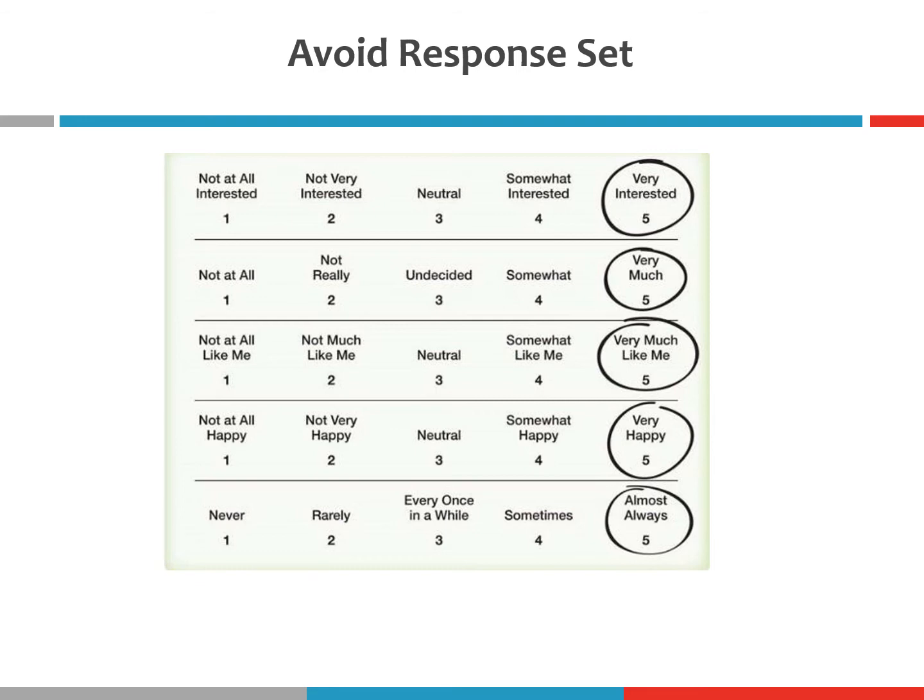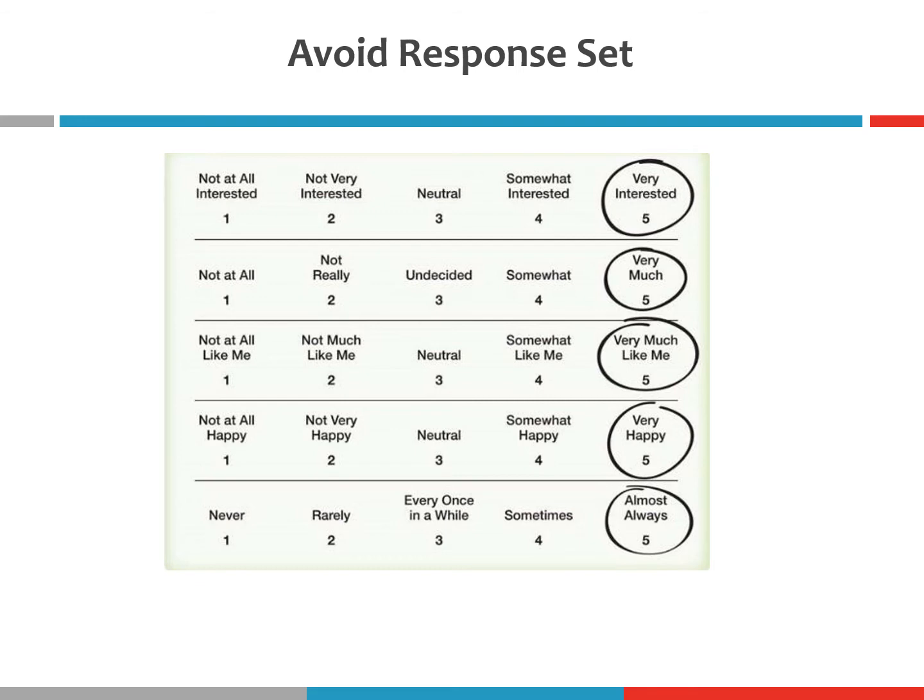So if all of your questions are phrased that way, where a higher rating on the scale means more of something and a lower rating means less of something, then a participant will give the same answer to most, if not all questions, no matter what they're asking.